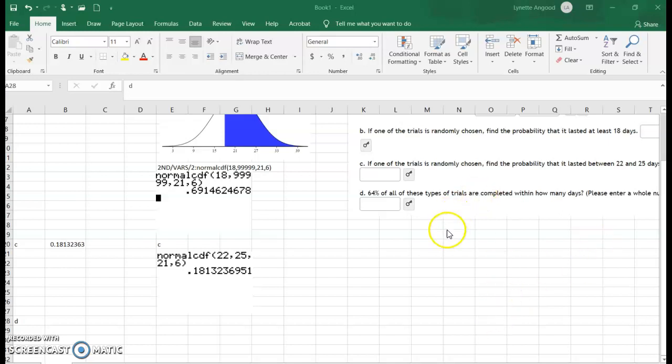So finally, in D, it's saying 64% of all of these types of trials are completed within how many days? They're telling us that there's some number of days in this normal distribution at which 64% of all of the trials are completed within that many days or less.